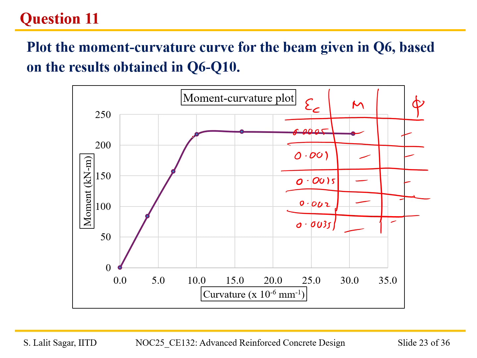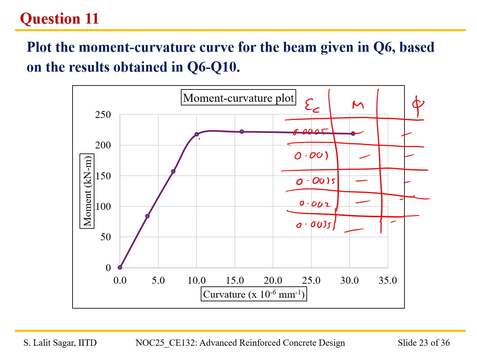So we can see that the beam, as an overall structural component, is able to stay in the linear range up to 10 to the power minus 5 curvature, and beyond that it enters the nonlinear region.